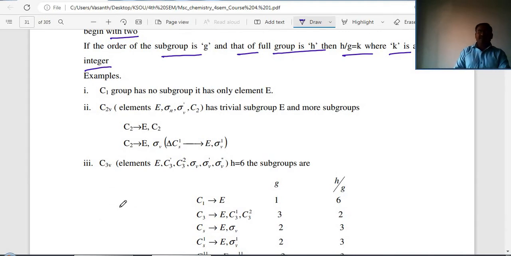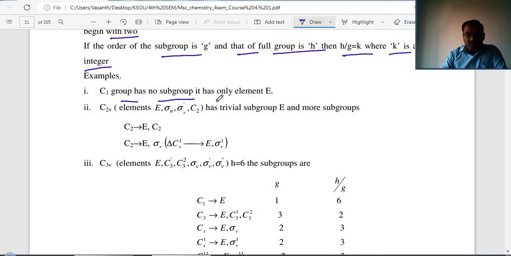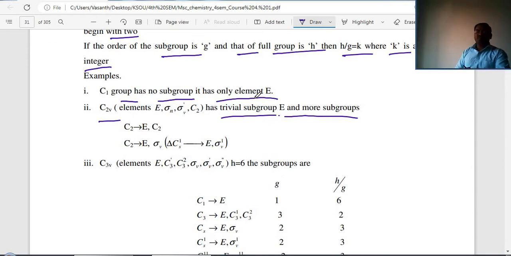Consider some examples of these subgroups. The C1 group has no subgroup, as it has only one element. C2V has trivial subgroups E and more subgroups.